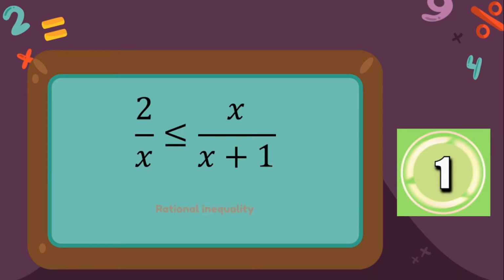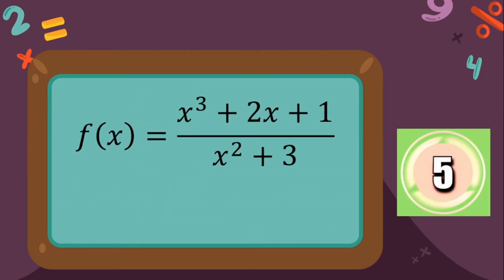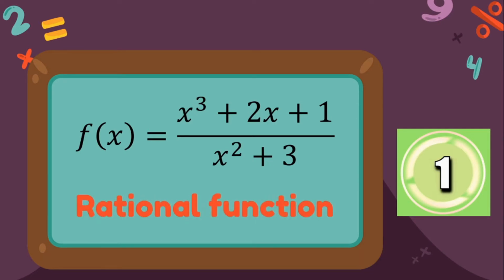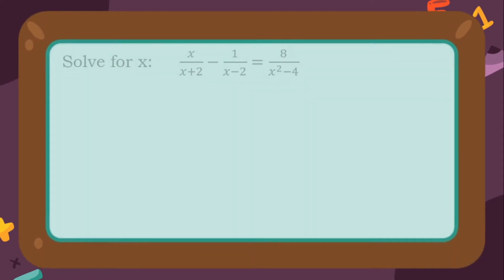This is an example of a rational inequality. Very good. How about this? This is an example of a rational function. Correct. This time, let us now solve rational equations.